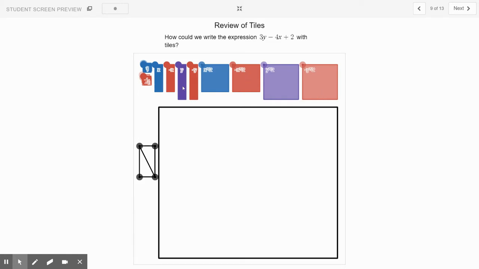Now let's say that we need to express 2y. What I'm going to do is I'm actually going to place 2 y tiles, because 2y doesn't mean I have 2 and I have a y. It means I literally have 2 y's, which might be hard to think about.